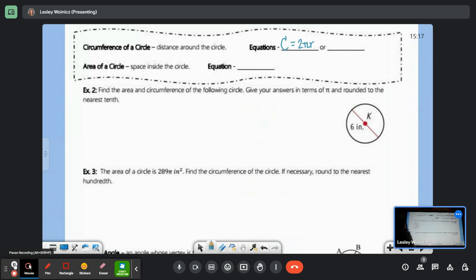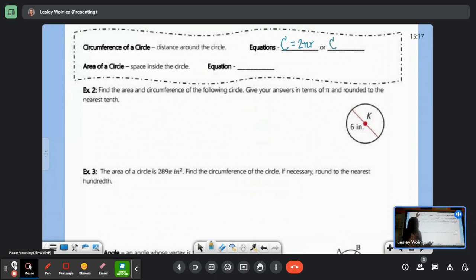All right, now we know that each diameter has 2 radii in it, right? So if I have a 2 and an r, what could I replace 2r with? Okay, a diameter is equal to 2 radii. So what can I replace 2 radii with? A diameter.